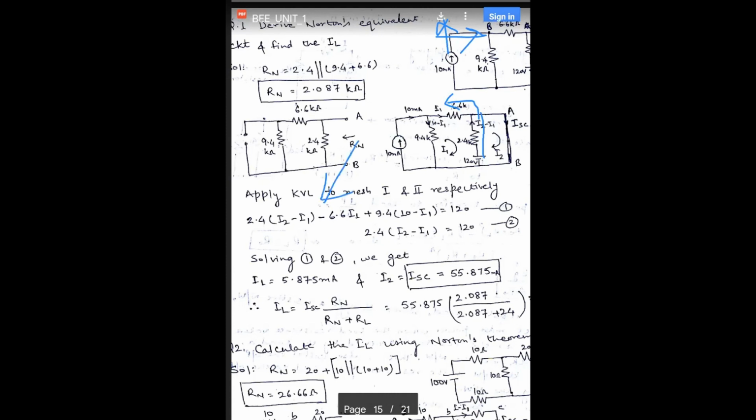So minus 6.6 I1. Now we reach here, and this direction is again anti-clockwise, which is favorable to us. So 9.4 kilo ohm is multiplied by 10 minus I1 and equated to 120 volts. Is this clear to you, everyone?